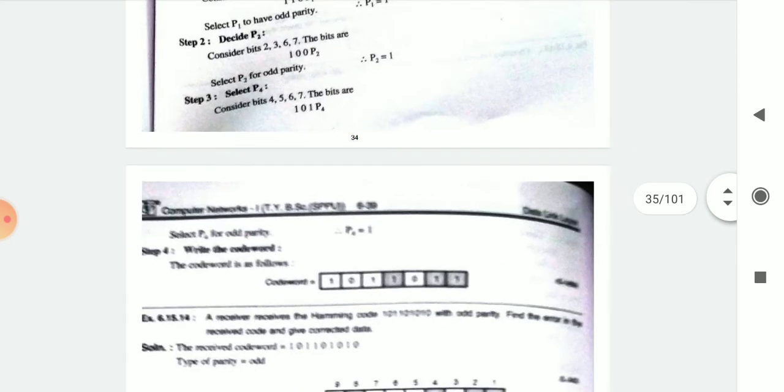The bits are 1 0 0 p2. p2 is equal to 1. Then decide p4. Consider bits 4 5 6 7. The bits are 1 0 1 p4. Now write the code word. The code word is as follows: 100. In step 4, this is corrected.